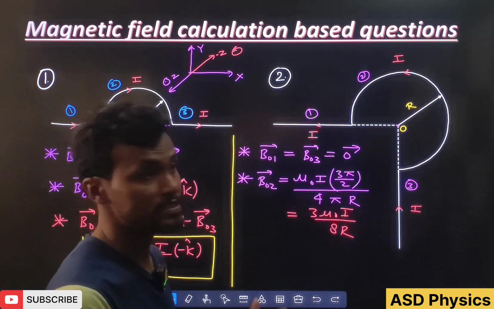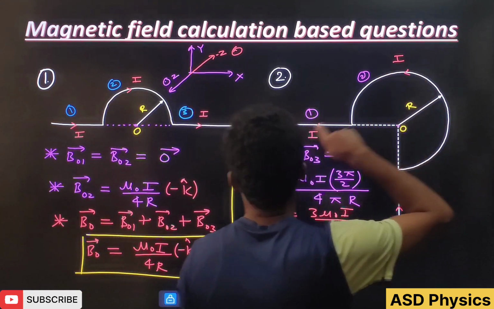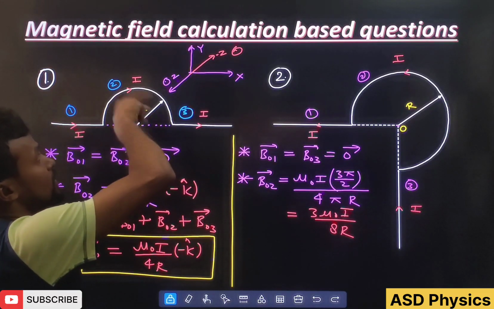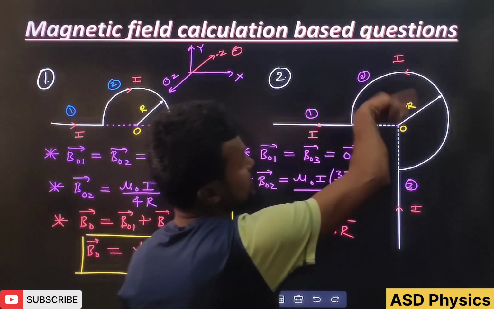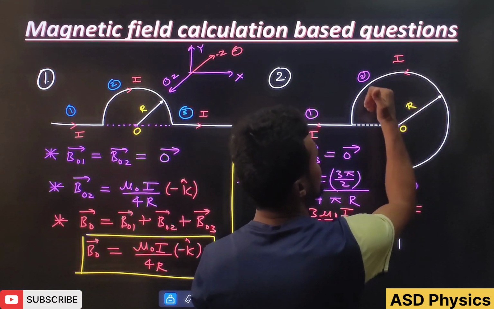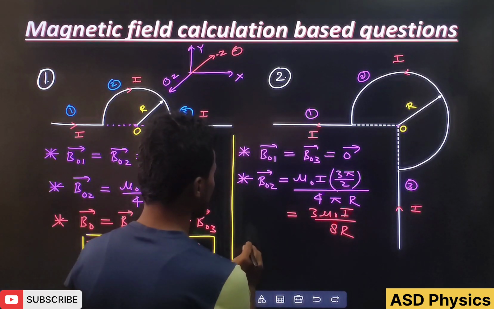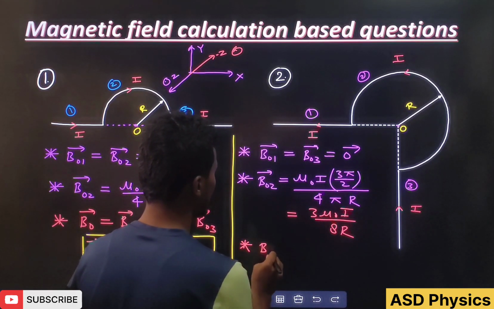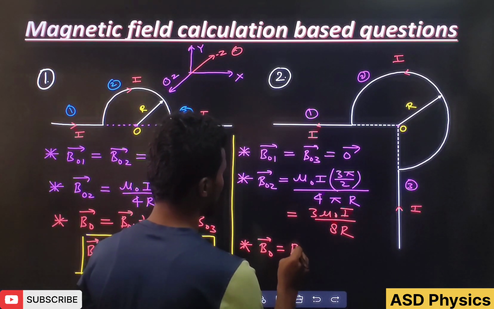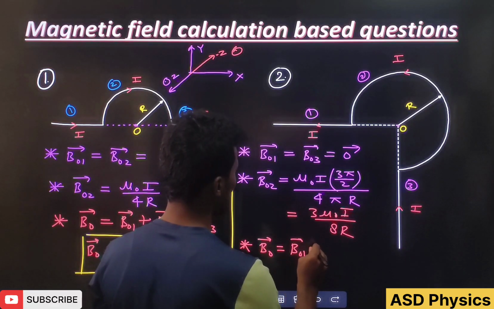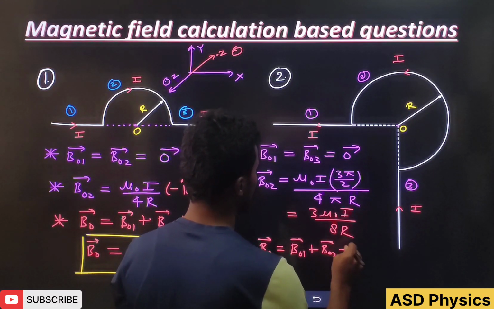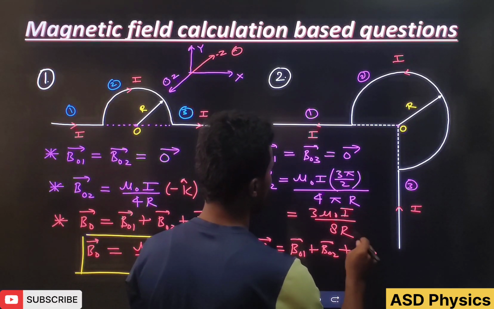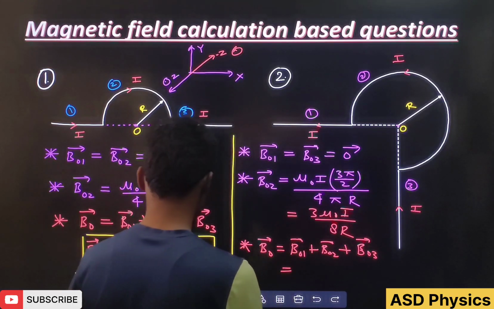Direction? See, in the previous case the current was clockwise, but now the current is anti-clockwise. So my thumb is coming outside here. If I write the total magnetic field, B naught means B naught 1 plus B naught 2 plus B naught 3. But you know very well B naught 1 and B naught 3 are anyhow 0.